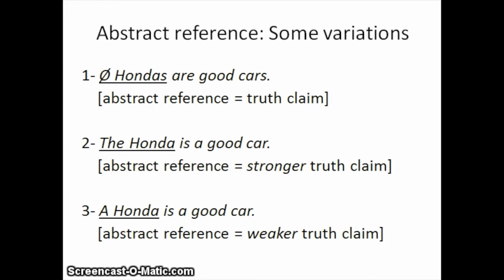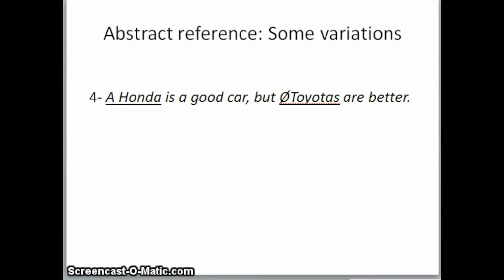Here we can imagine that a Honda may not actually be referring to all possible Hondas, but is merely referring to a sufficient number of Hondas that makes it just possible for the claim to be generally true. This is a lower level of abstraction than default zero plus plural. For example, in sentence number 4, one can see that the claim about Hondas is weaker than the claim about Toyotas.